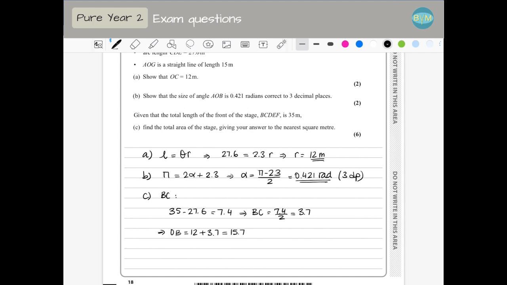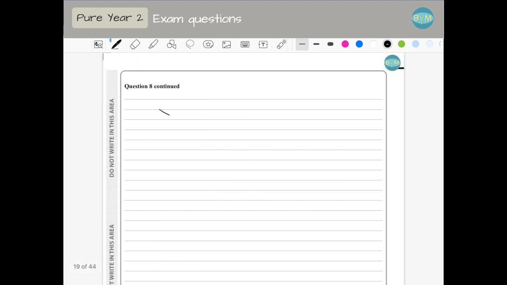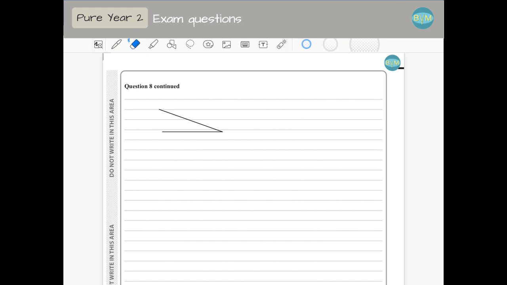And now we have a triangle, so if you look at that triangle, I'm going to do it on the next page. So we have a triangle, then we are finding that area.